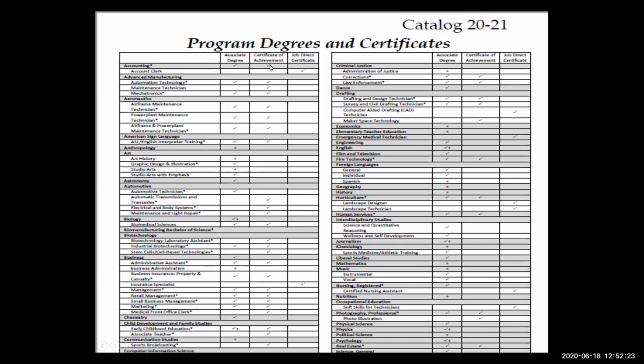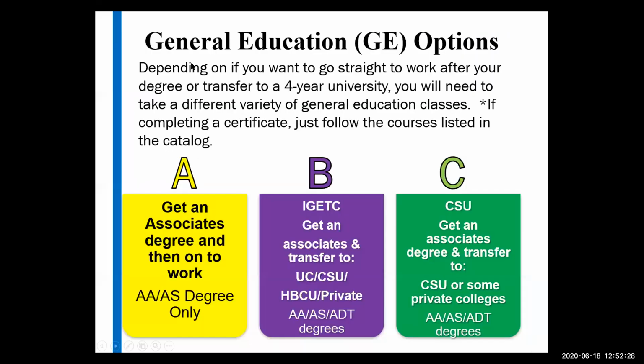If you decided you wanted to do an associate degree, that means you would take those major related courses plus your general education, which is a mix and match of a lot of different types of classes, such as English and math and science and maybe music or philosophy. It has a lot of different courses in addition to the major related courses.